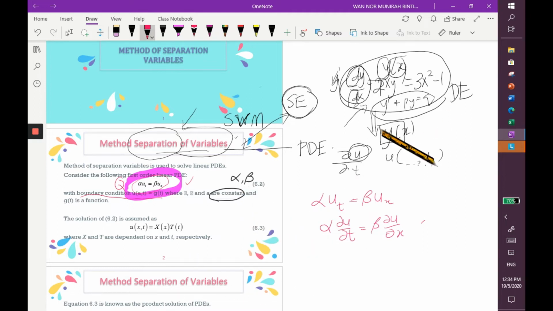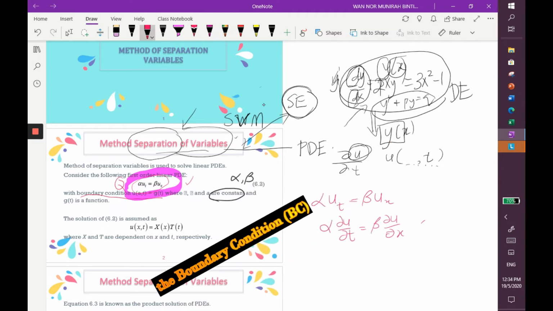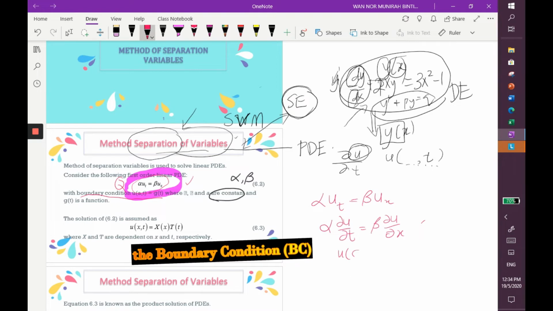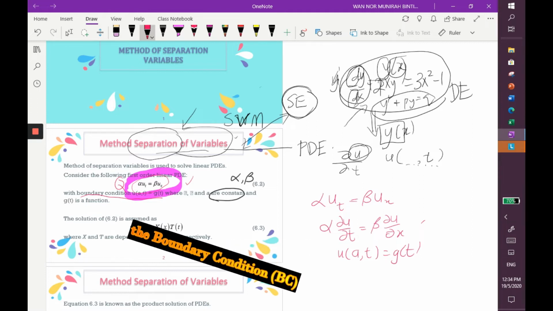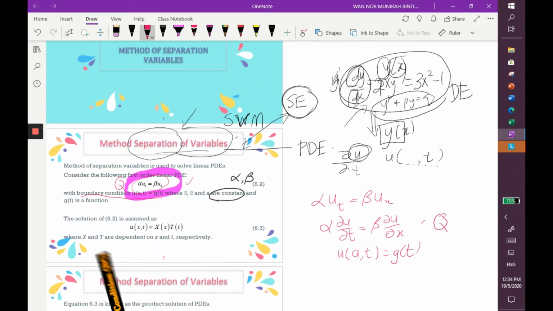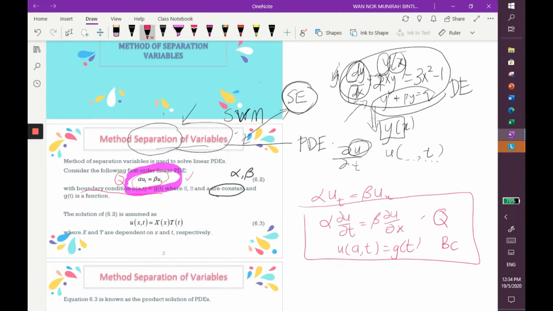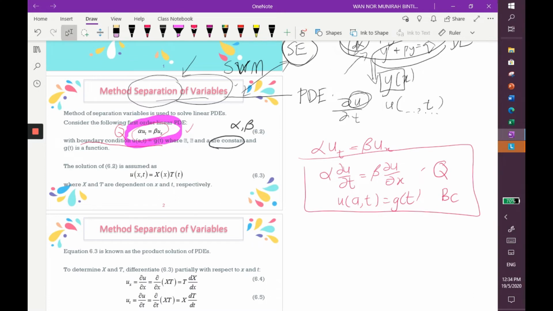Your boundary condition is given by u at some point equals any function of t, any function of time. So I note this as your Q, your question, and this is your boundary condition. Perfect. You have an equation with a boundary condition, and how to solve for this one, we will discuss later.